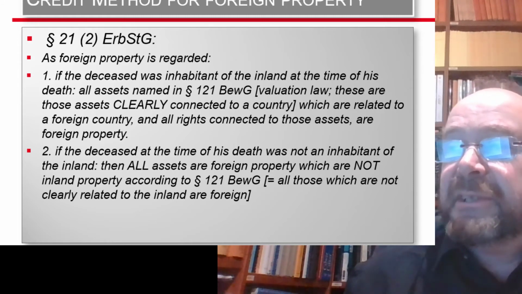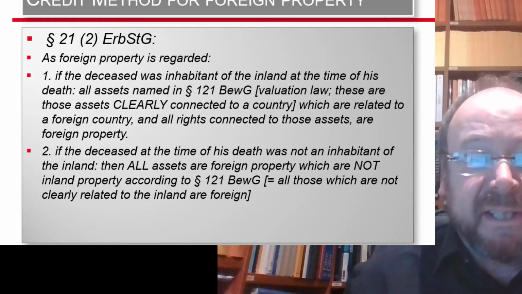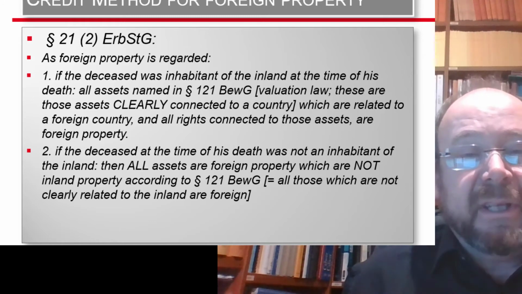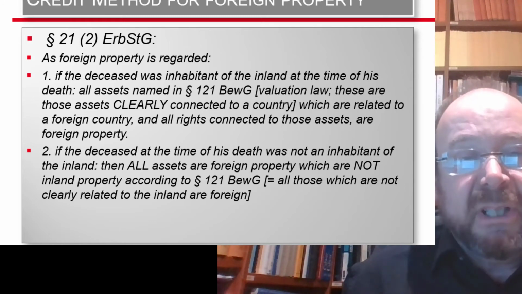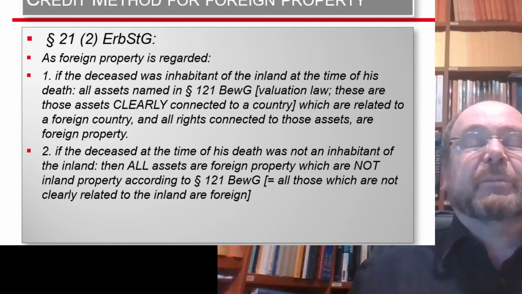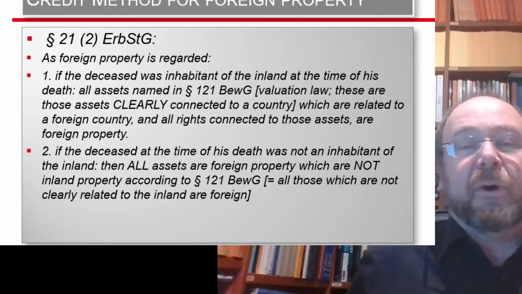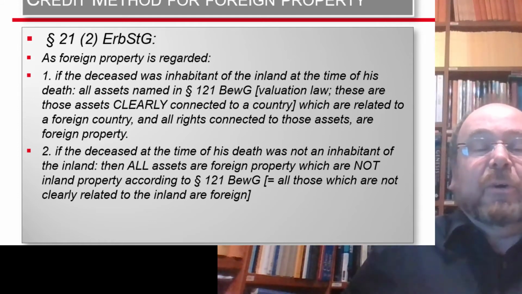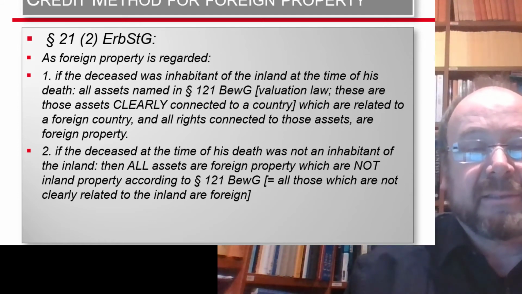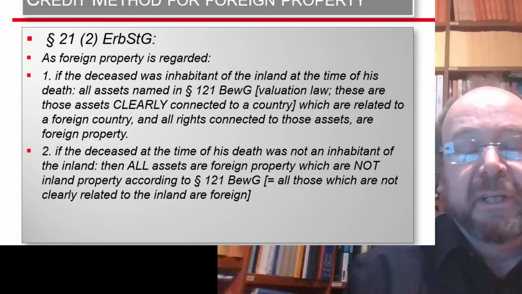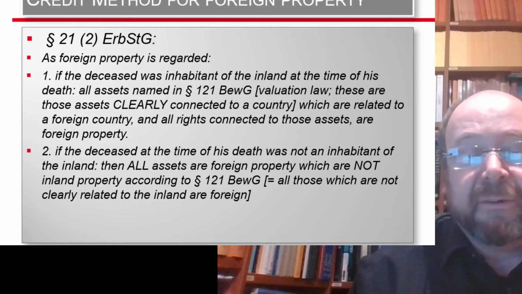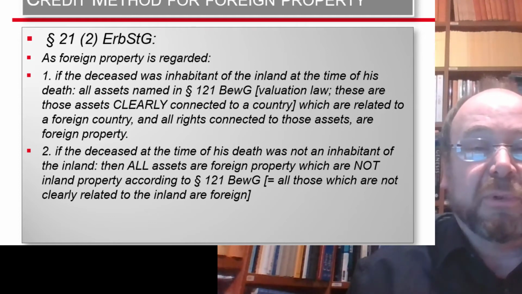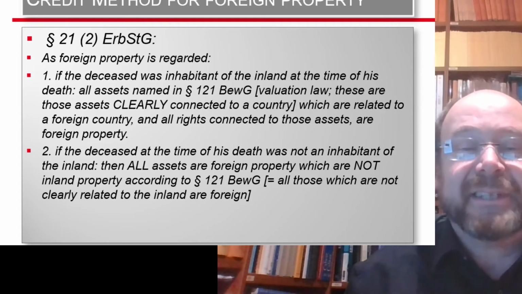If the deceased was an inhabitant of the inland at the time of his death, then remember, all property where there is, from the perspective of the law, no clear and strict connection to the inland, all the movable property will be attributed to the residence of the deceased. So all the movable, the unclear property will be regarded in that case as inland property.